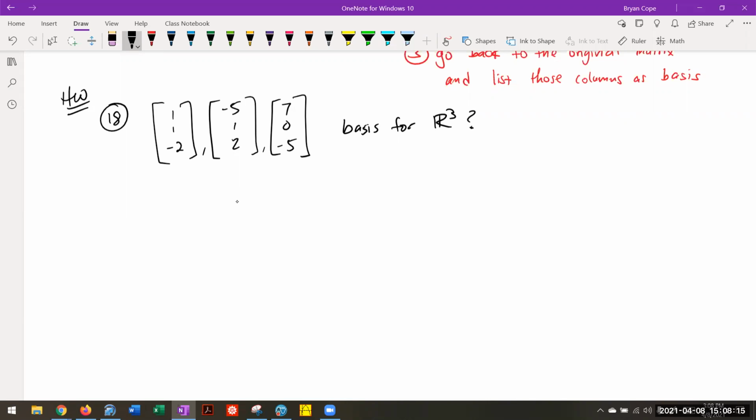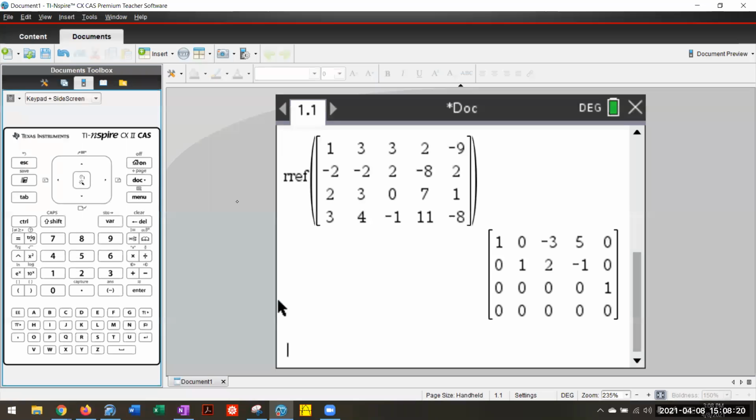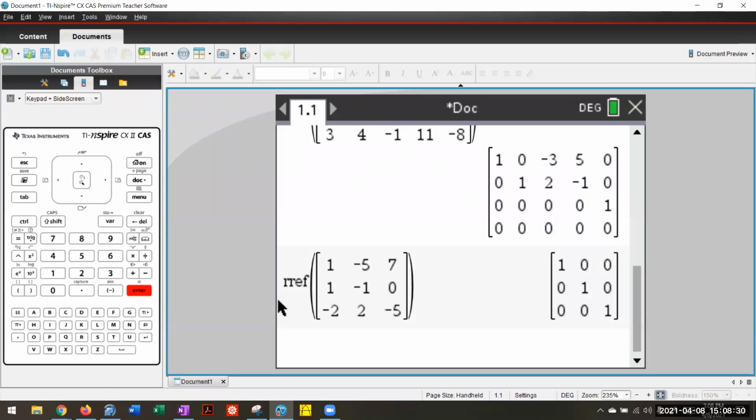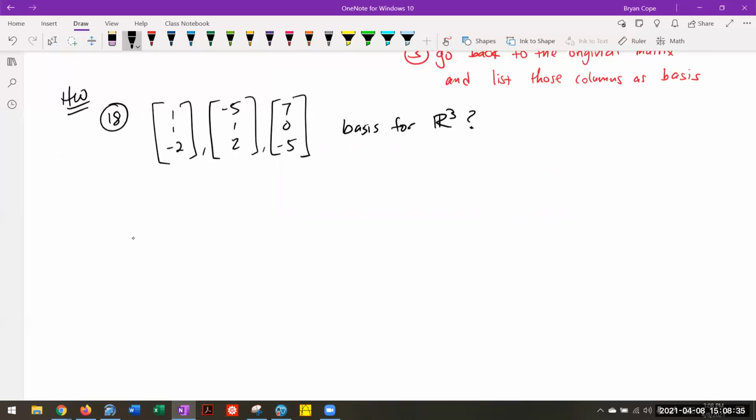I can't spot a relationship, right? I don't see that any of them are scalar multiples or anything, so we'll go ahead and ref it. Our conclusion then, since it refs to the identity, is yes, it is a basis, because ref gives us the 3x3 identity.